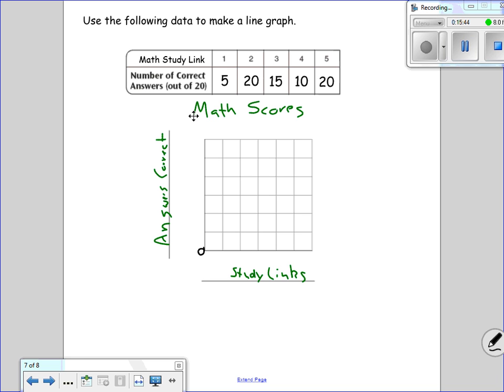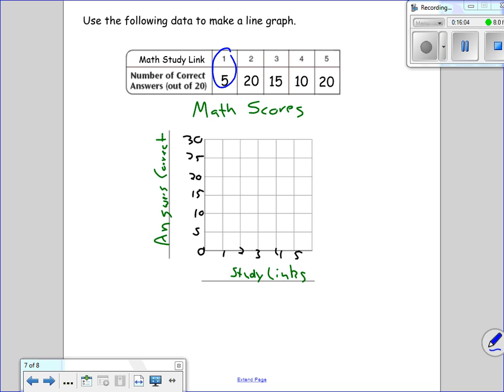When I'm labeling this, I'm going to put a 0 here. I'm going to count by fives. 5, 10, 15, 20, 25, 30. I'm going to put the study links here. I'm just going to put this as 1, 2, 3, 4, and 5.